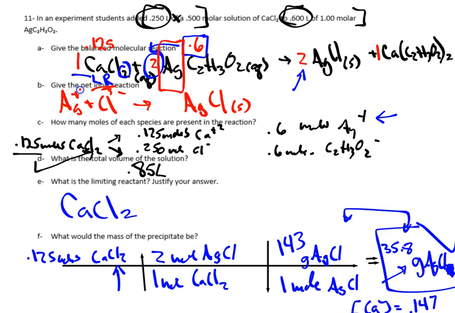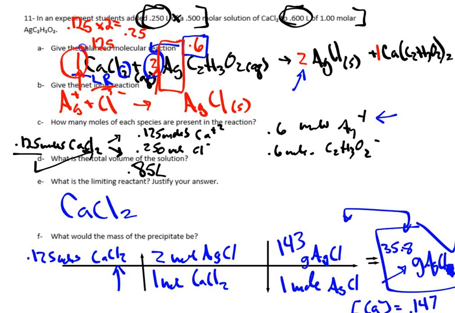Every time I use one of my limiting reactant, how many of these will I use? 2. Let me repeat that. Every time I use one of my limiting reactant, how many of these do I use? 2. So now look, every time I use 0.125 of my limiting reactant, how much of the other thing do I use? 0.25.